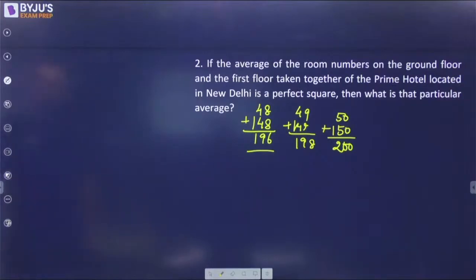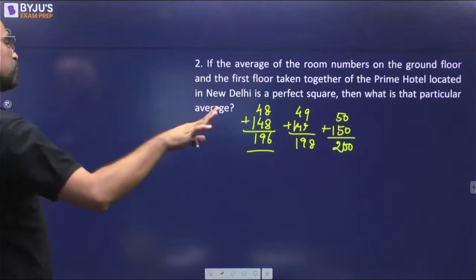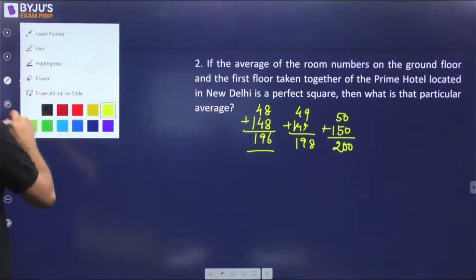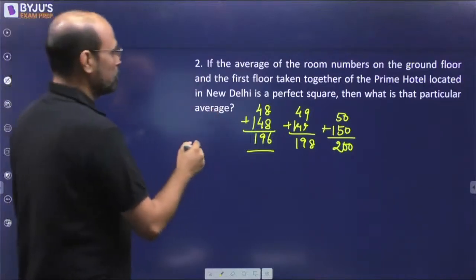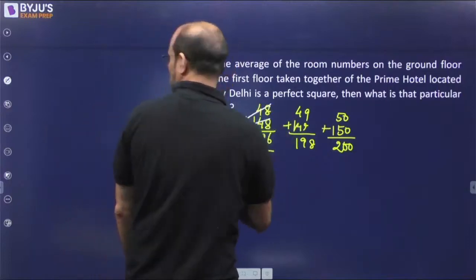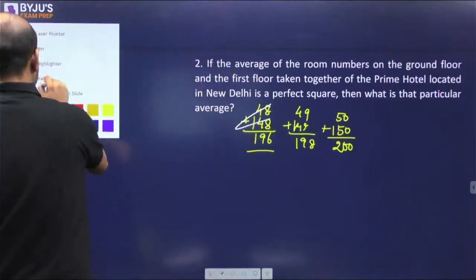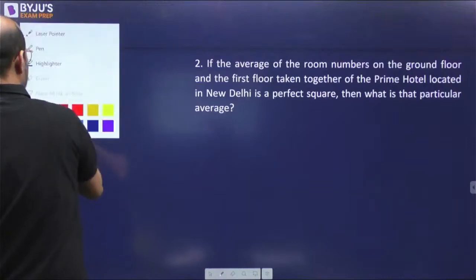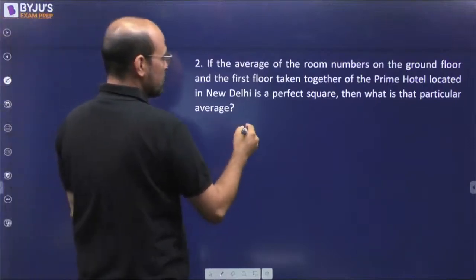Oh. Sorry, they're not talking about sum of the averages. They are talking about average of the floor numbers. So that's a mistake.